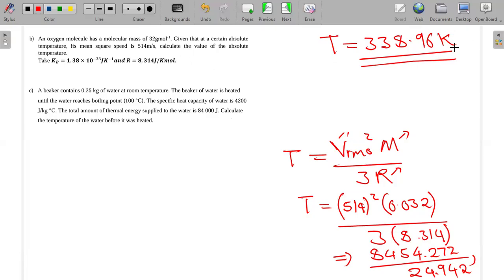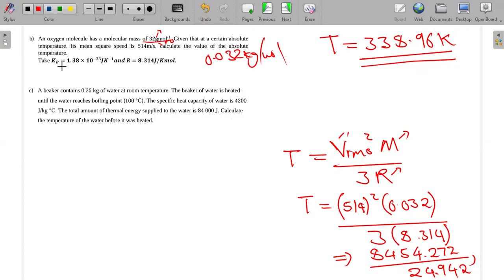Kelvin is going to be our subject of the formula. So what are we supposed to do? Make sure your gram that is here is converted to kilograms. That's why we divide this by 1,000, and we're going to get 0.032 kgs per mole. Then our universal gas constant has already been given in its SI units, 8.314 joules per Kelvin mole here, not kilomole.